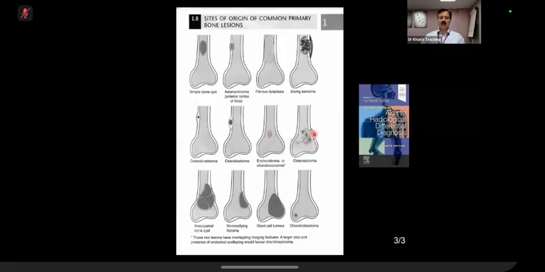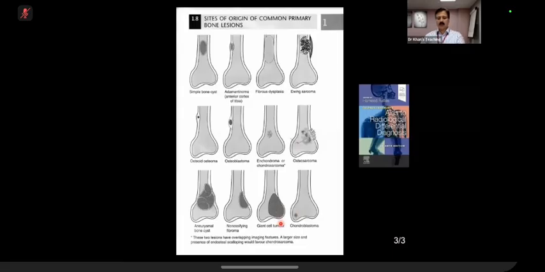Osteosarcoma, metaphysis eccentric. Aneurysmal bone cyst, metaphysis eccentric. And then, actually, I cannot even read what is here. For me, it's not projected in any case. And giant cell tumor, which is epiphyseal, and a chondroblastoma, which is epiphyseal.